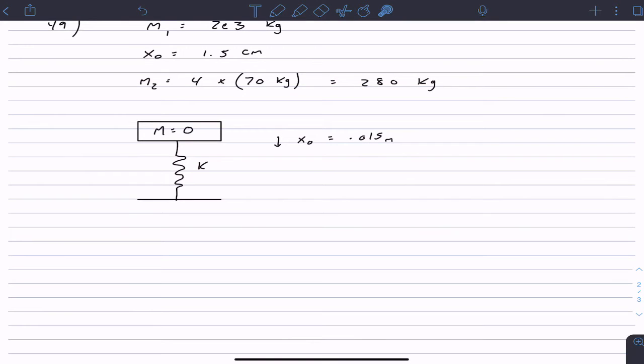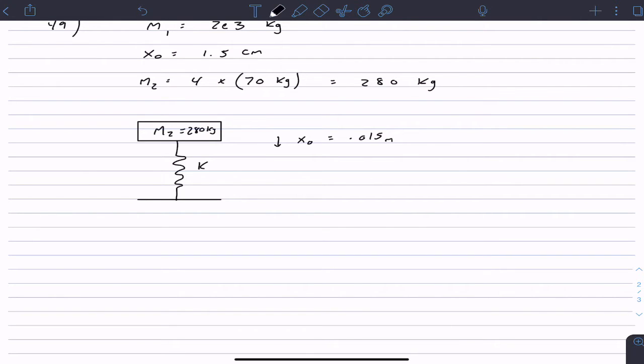So when these 4 people jump into the car, well, let's say they gently sit down in the car, right? And then it displaces 15 centimeters only. It just goes down a little bit, okay? So now we have a load. Now our mass is 280 kilograms, right?